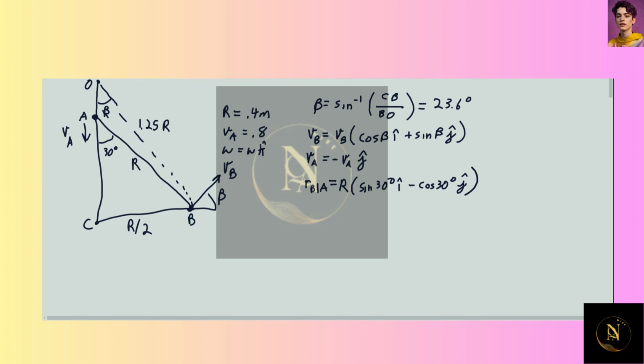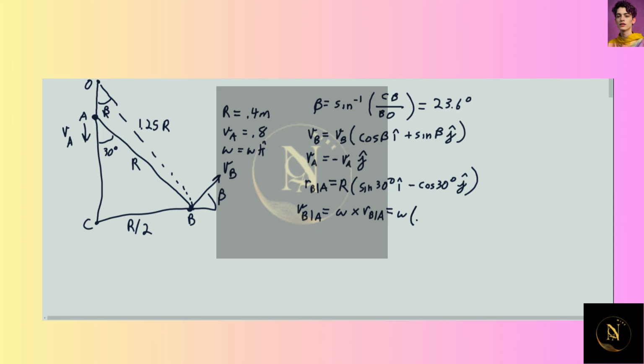We then want to find the velocity of B with respect to A, and we can do that by looking at omega crossed with our r of B with respect to A. And this will become omega times RB with a few changes to the i hats and j hats so that they're in the correct directions.